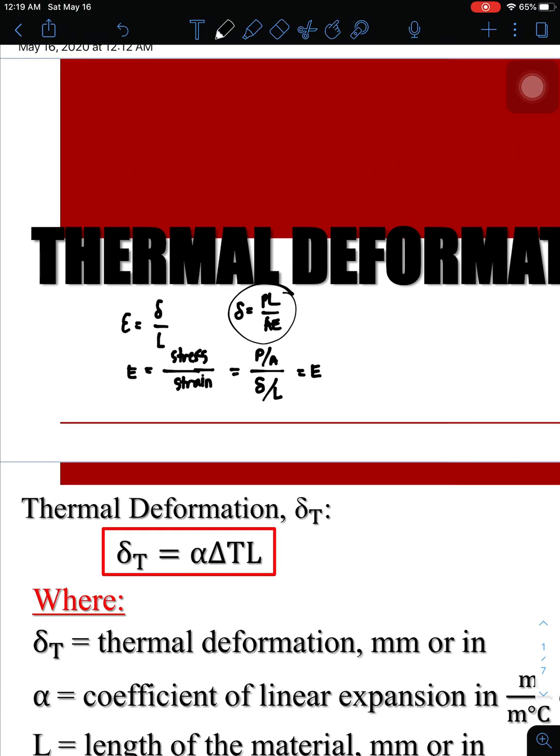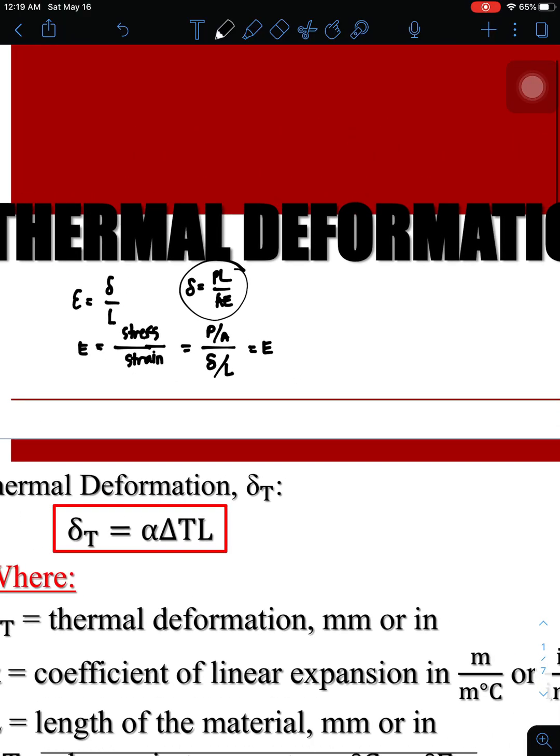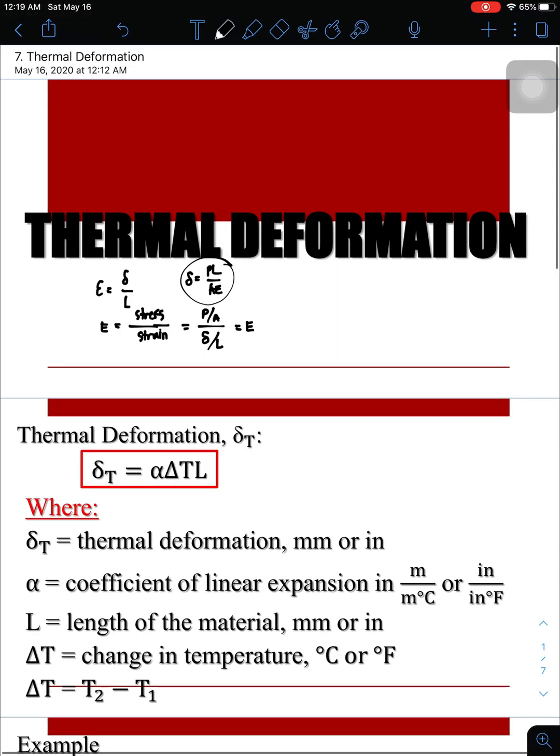But this time, let us proceed with thermal deformation, since the reason why we had the connection with the previous one within the axial deformation is that there would be certain force that will act on the system with a tendency of being an axial force in relation to thermal changes.